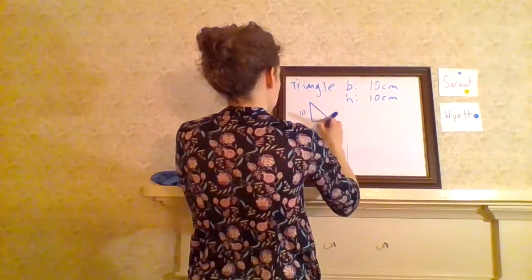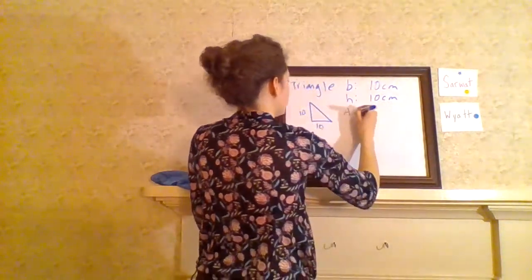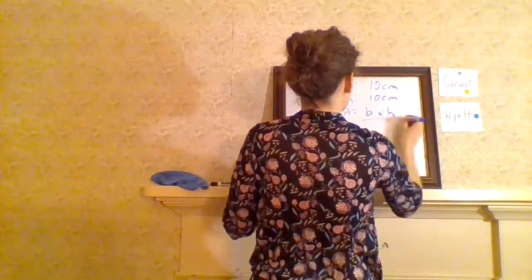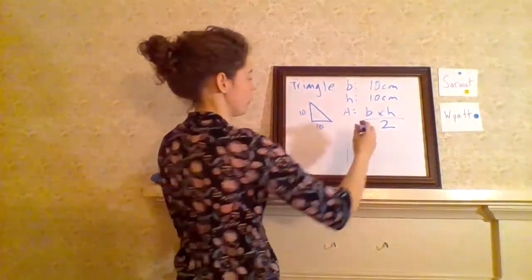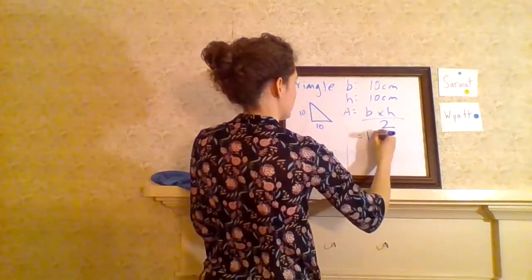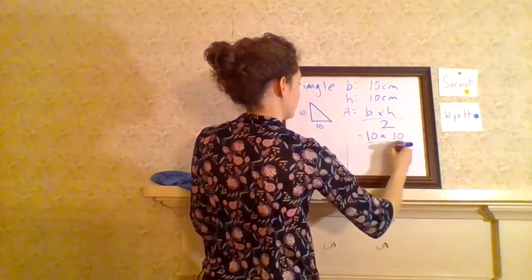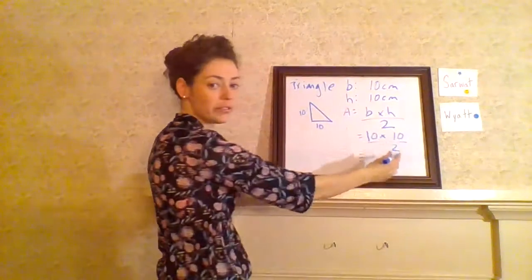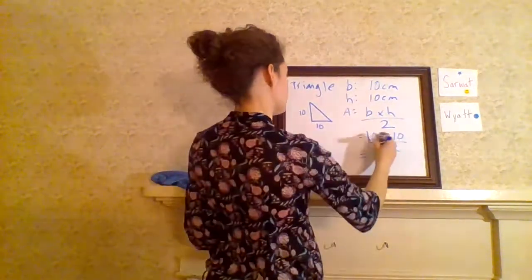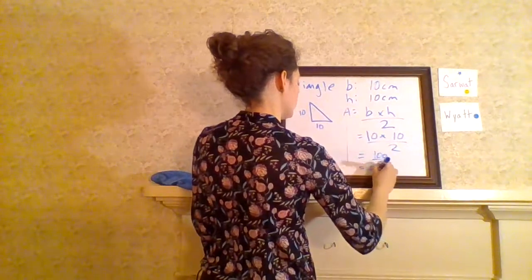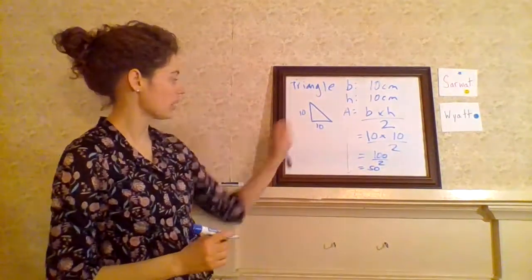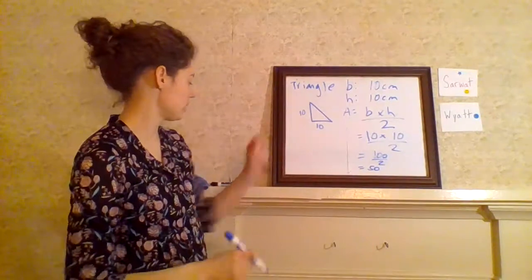It's 10 by 10. So what we'll say is the area equals base times the height divided by 2. We'll plug those numbers into our equation. So base is 10, height is 10, divided by 2. We'll multiply first and then we'll divide by 2. So 10 times 10 is 100, divided by 2, 50. So the area of this triangle would be 50 centimeters.